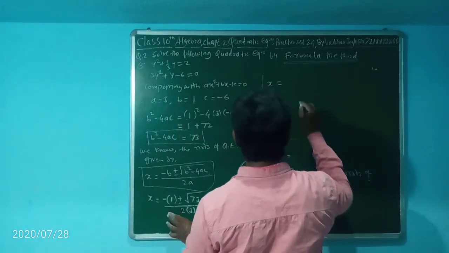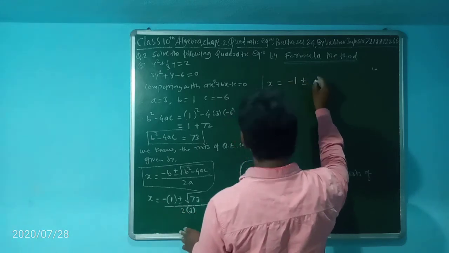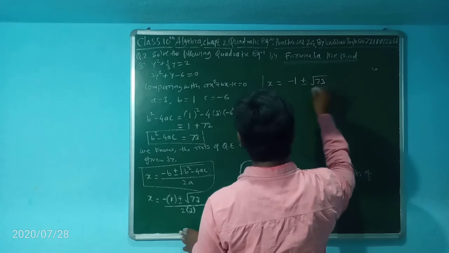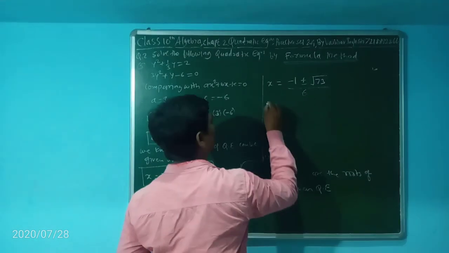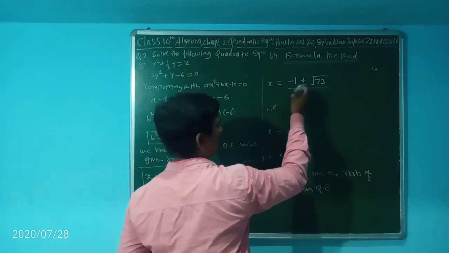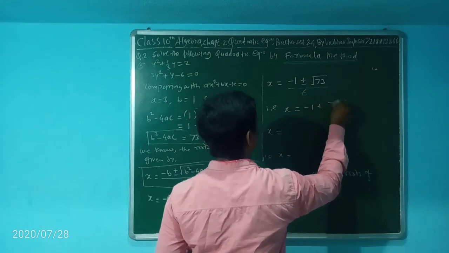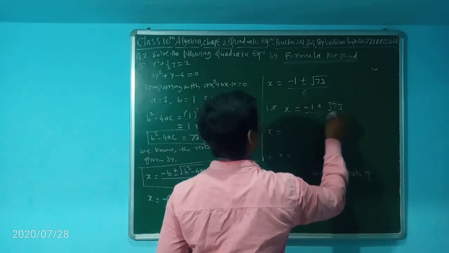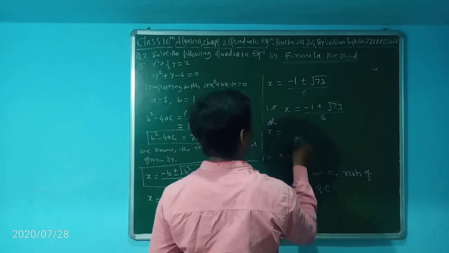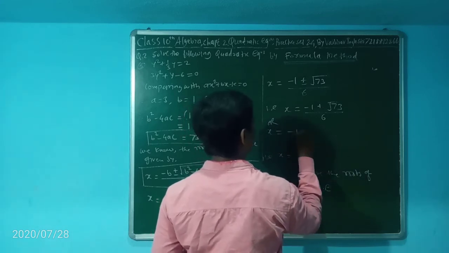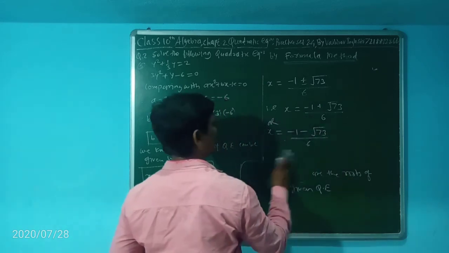Now just try to simplify this. So minus 1 plus minus under root 73 divided by 2 into 3, 6. So if you simplify this, or if you write twice by separating this, x will be minus 1 plus under root 73 divided by 6, or say x equals minus 1 minus under root 73 divided by 6.